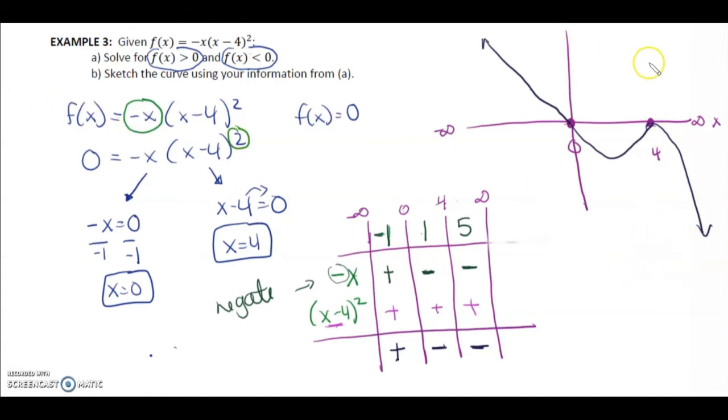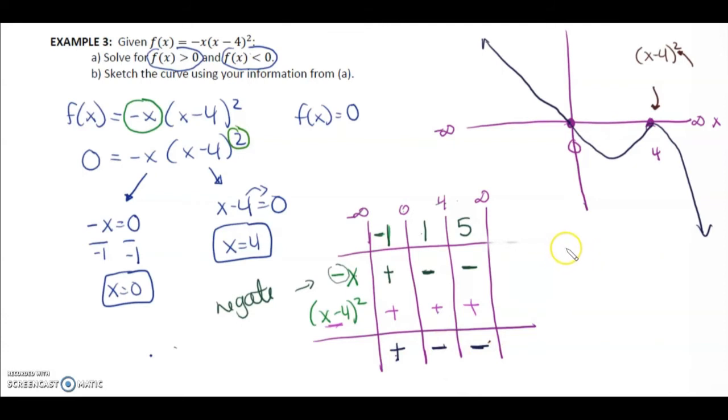This came from the part of the function where it's x minus 4 squared. We can see order 2, we can see that it bounces off. So no longer like the last question do we have alternating positives and negatives. This time we have a positive, negative, negative, and that's okay.